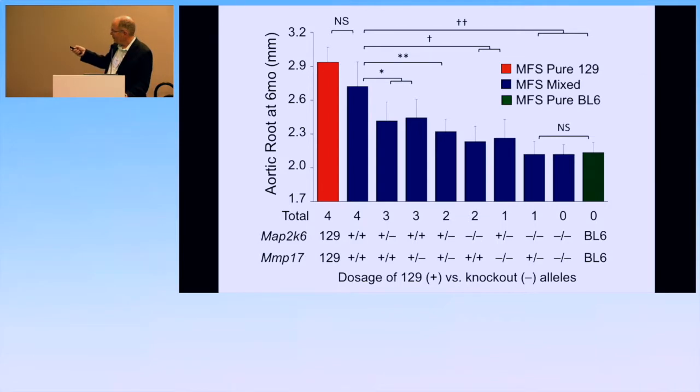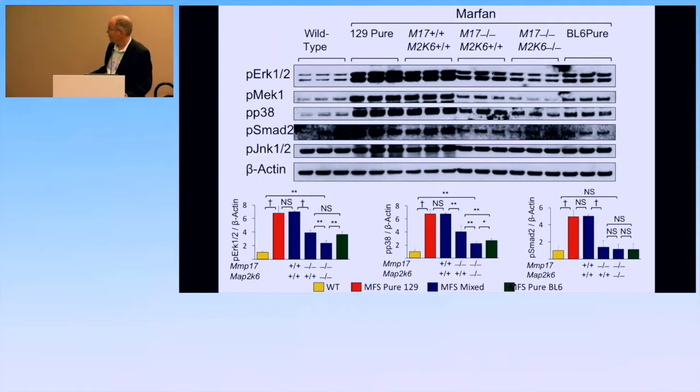So in these mixed mice, if you knocked out both copies of both genes, they behaved exactly like the protected BL/6 animals. In these mice, if you had functional 129 copies at just these two genes, they behaved exactly like the pure 129 mice. So really strong evidence that these two genes are responsible for the modification.